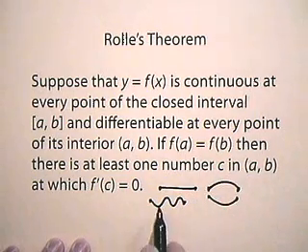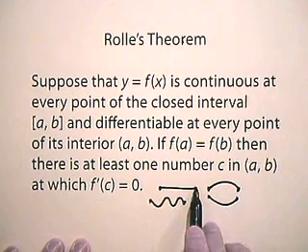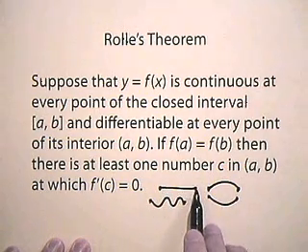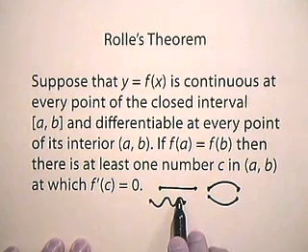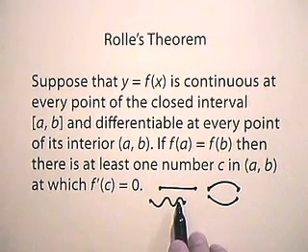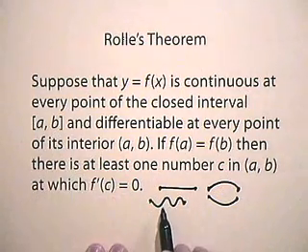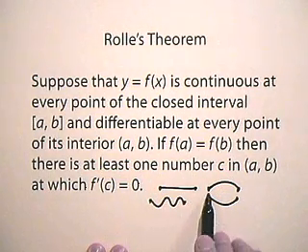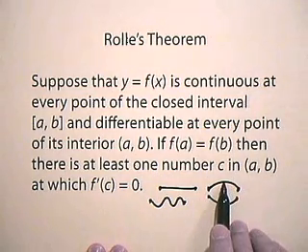In any case, notice that if f of a equals f of b, it's either constant, in which case we can take for c any number we like in the open interval (a, b), or it's got critical points, because why? We know from our extreme value theorem that a function defined on a closed interval [a, b] and continuous on that closed interval must have a maximum and a minimum value. And notice, if the minimum values happen at the endpoints, then the maximum has to happen in the interior if it's not constant.